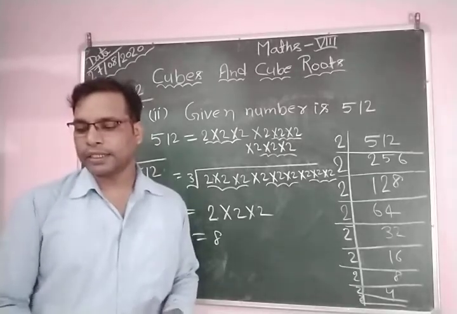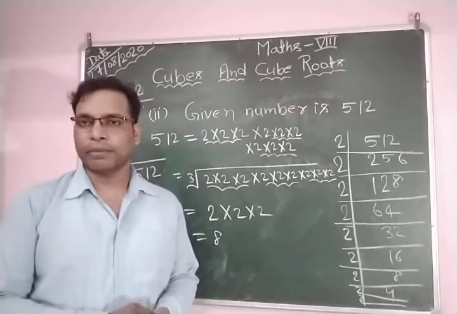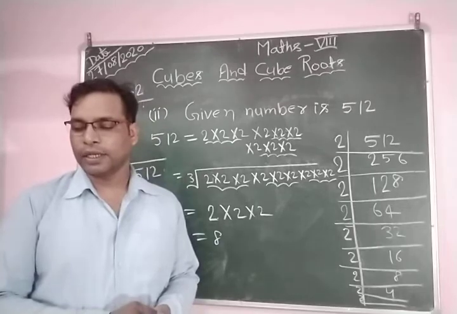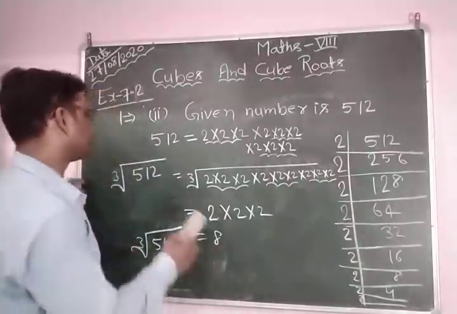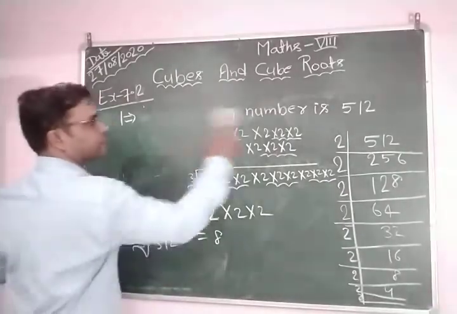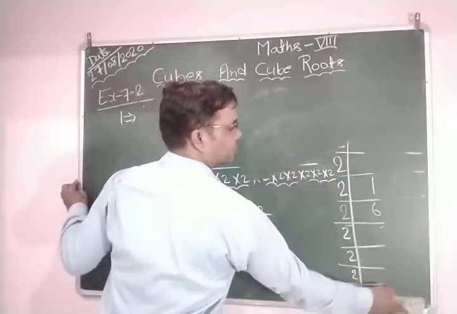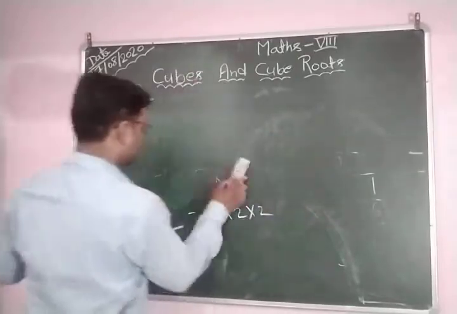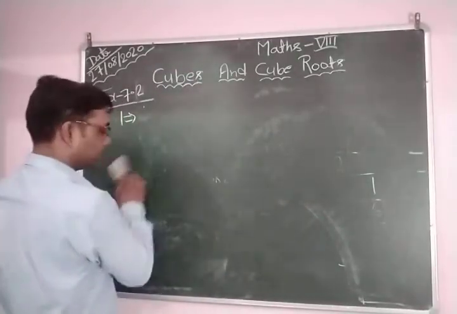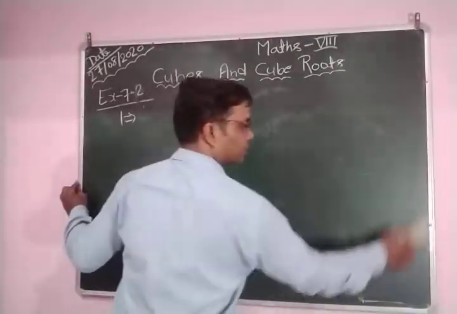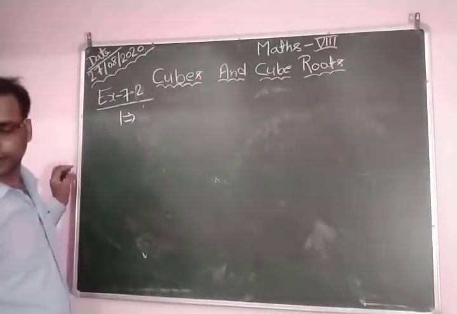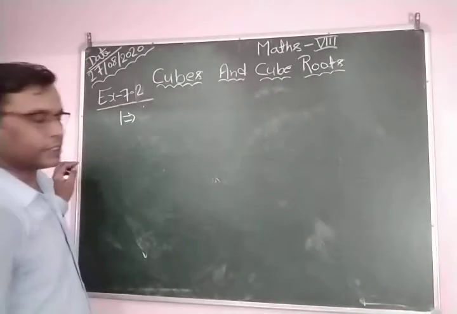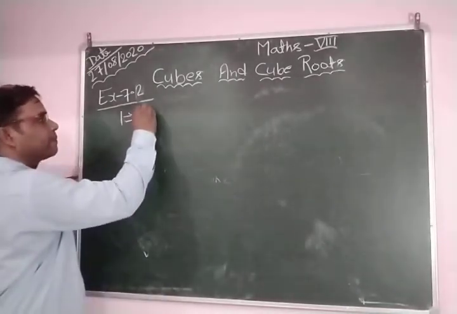Let's see, the next number given is 10,648. This is the third part. The given number is 10,648.